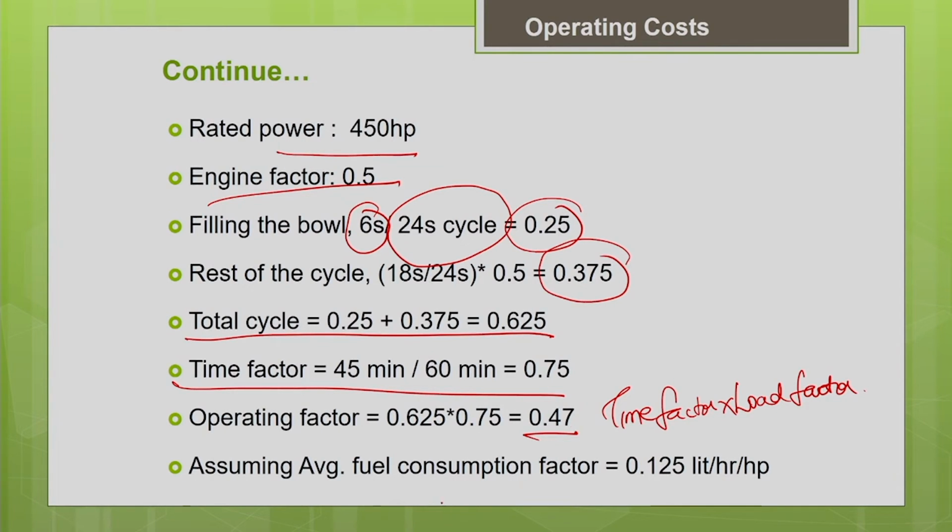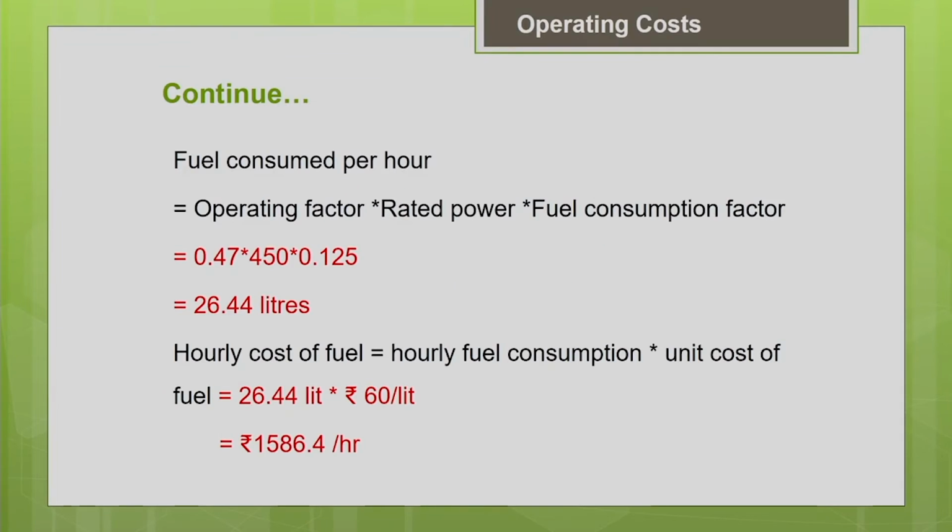Assume average fuel consumption factor. It is given in the question: the fuel consumption factor for this particular type of machine for average working condition is given as 0.25 liters per horsepower per hour. Now let us find the fuel consumed per hour. It is the operating factor multiplied by rated power into fuel consumption factor.